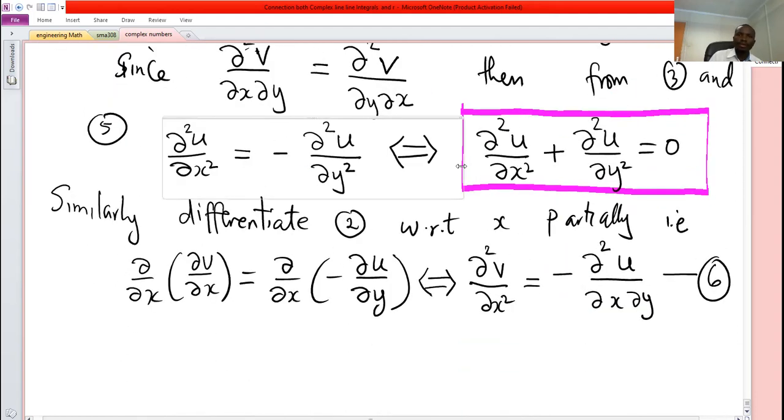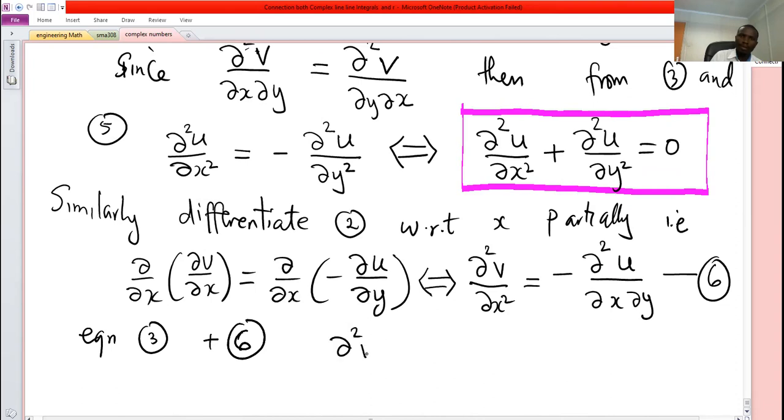Then equation 6 plus equation 4: partial squared v partial x squared equals minus partial squared u partial x partial y, and partial squared v partial y squared equals partial squared u partial y partial x.